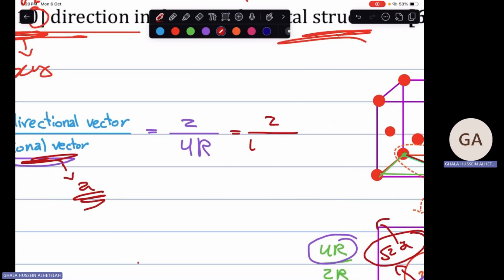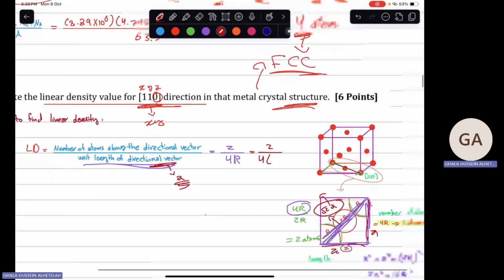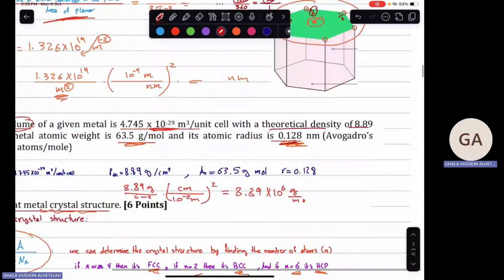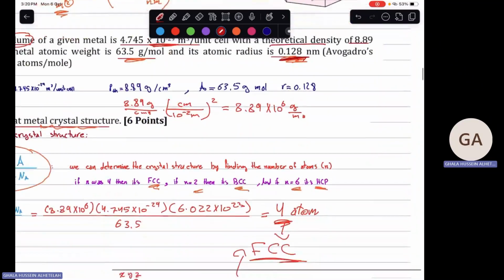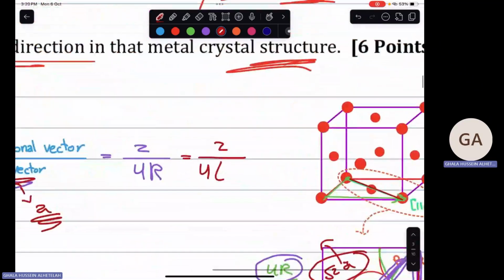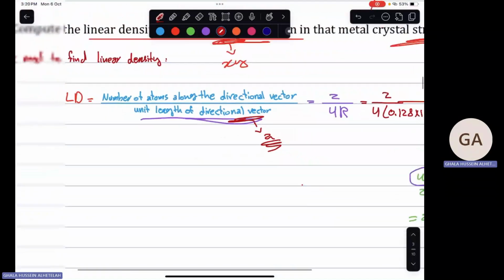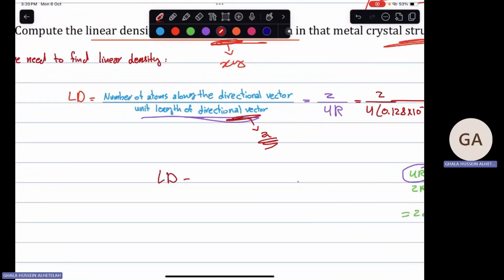We have 2, 4 and r. We have r, it's given already in the main question, which is 0.128 nanometer. Okay, we have to convert it into meters: 128 multiplied by 10 to the power minus 9, and the value is going to be 3.9 times 10 to the power 9 per meter.